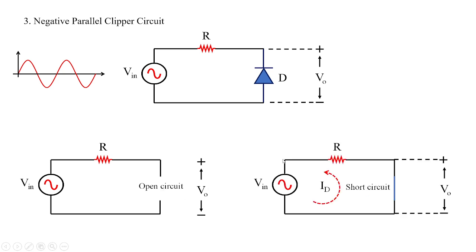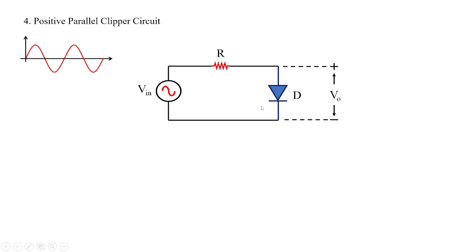When the negative cycle is given as input, the diode gets on, and the current flows in the anti-clockwise direction. The output is on for the positive half and off for the negative half, so it is a negative parallel clipper circuit.